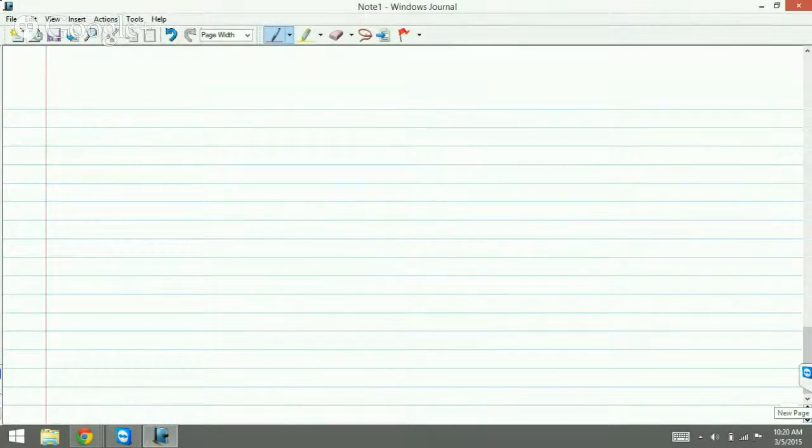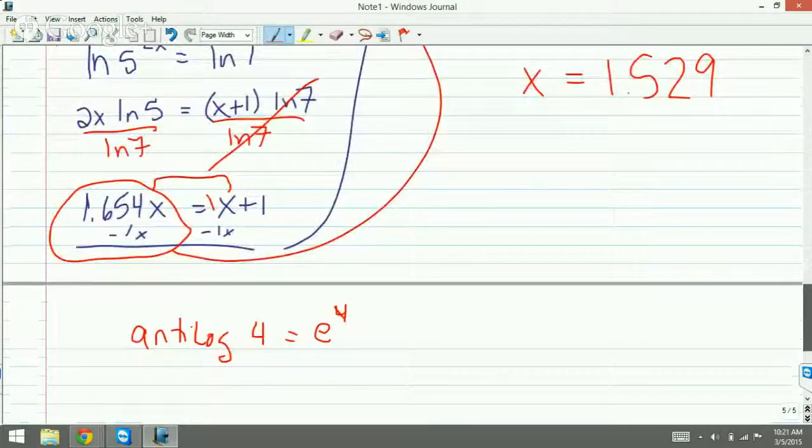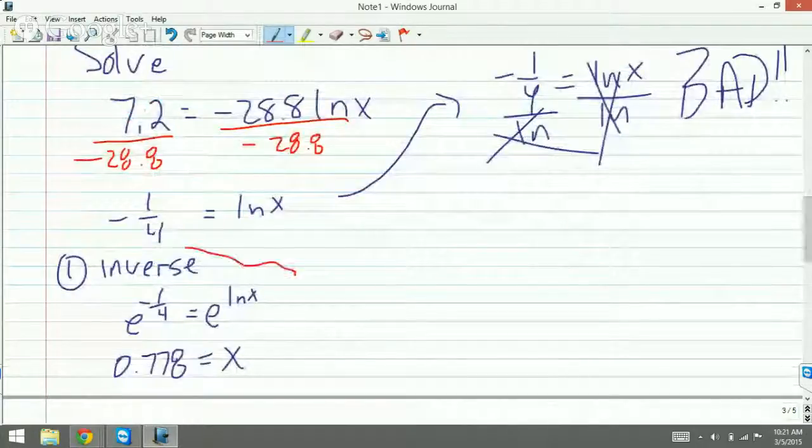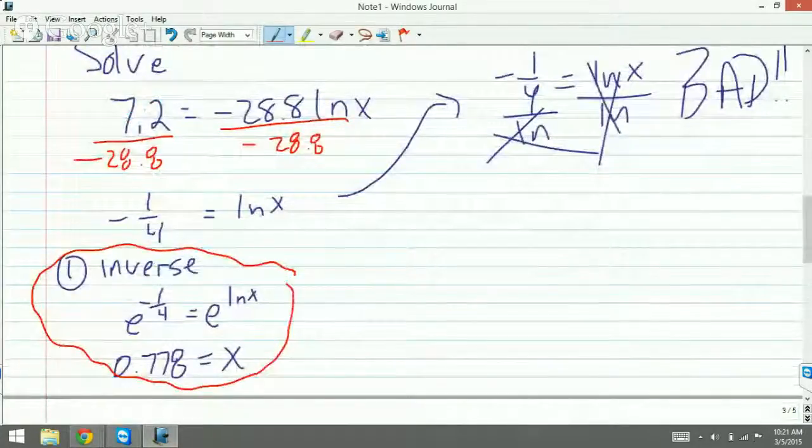I haven't addressed this, but in your book, all it means is e to the 4th. This right here is where your book would say, what's the anti-log of negative 1/4?